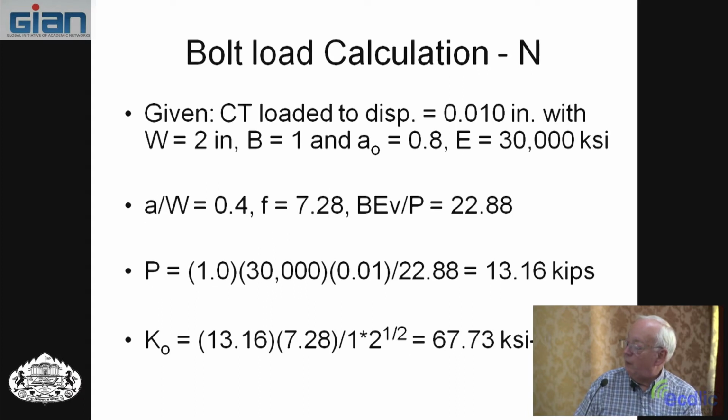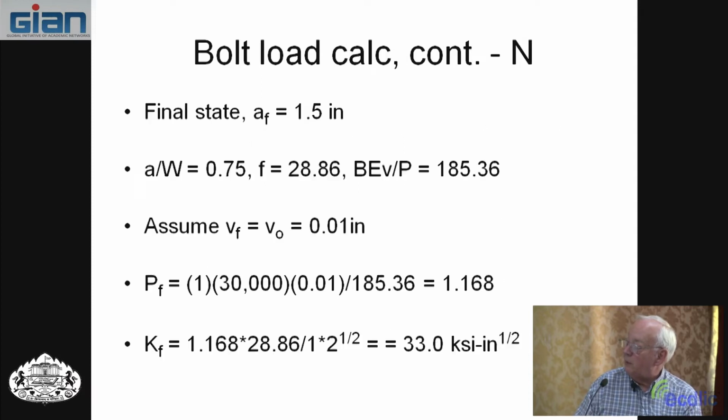So notice here, initial load is 13, initial K is 67 for the crack size of 0.8 inch. Final crack size then 1.5 inches. The load has dropped all the way down from 13 to 1, and the final K is 33.